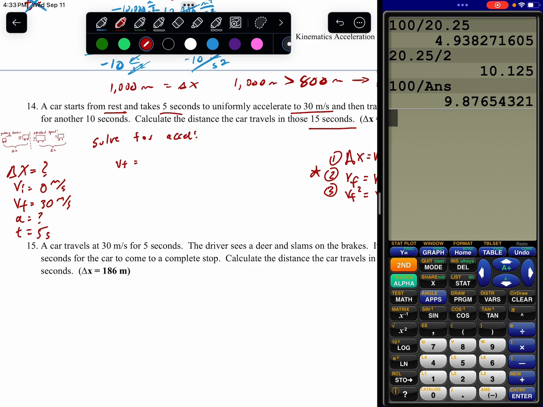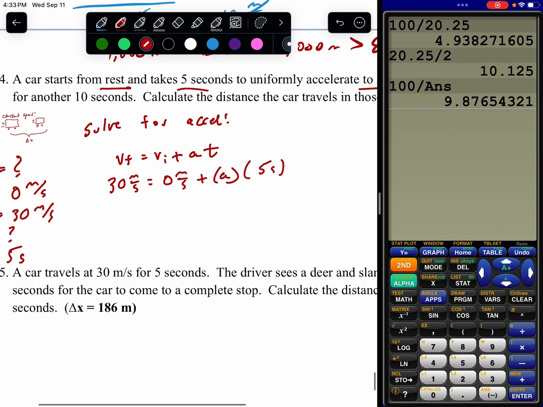So v final equals v initial plus a times t. Oh, I guess I didn't copy it this time. That's okay. v final is 30 meters per second. v initial is 0 meters per second. And acceleration we do not know, but we know it happened over 5 seconds. Let's work this out here. I'm going to simplify down a little bit. Get rid of the 0. We have 5 seconds times a.